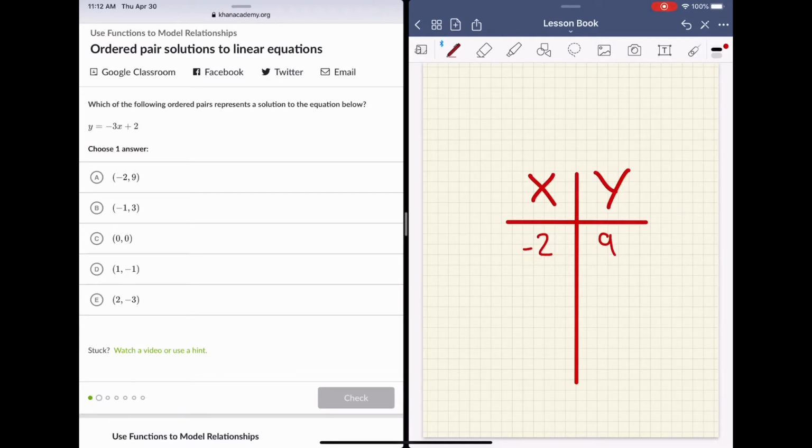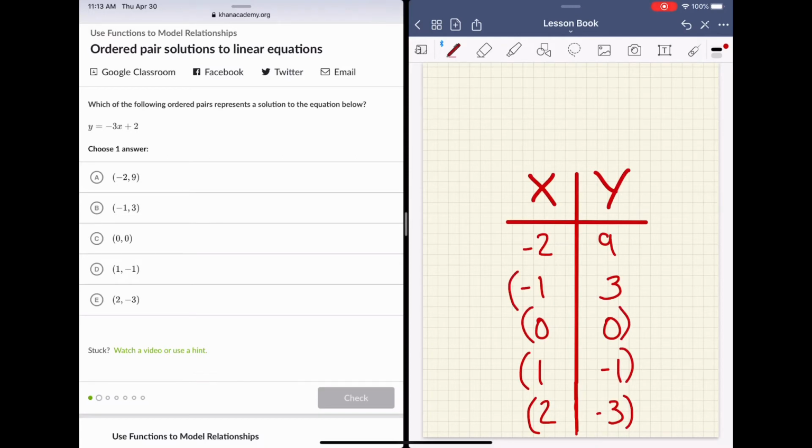There we go, so we have (-2, 9), then (-1, 3), (0, 0), (1, -1), just a little bit longer of a T-chart here, and (2, -3).